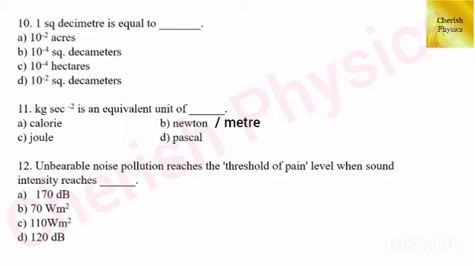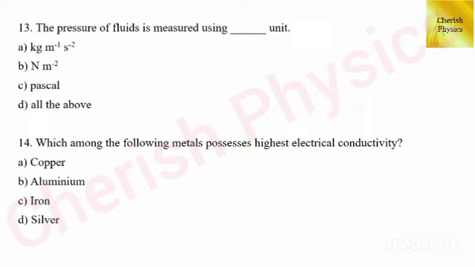12th question. Unbearable noise pollution reaches the threshold of pain level when sound intensity reaches dash. The answer is 120 decibels. 13th question.